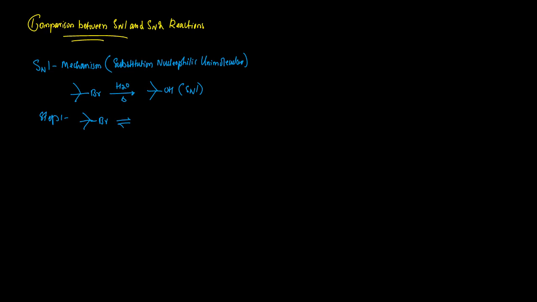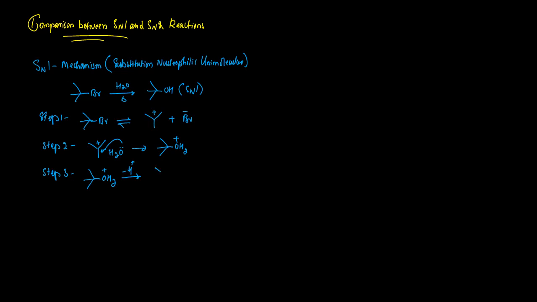This is reversible, generating a carbocation, and the second step involves a nucleophilic attack by the water on the carbocation, and one more step, which is deprotonation of the water or hydroxyl group.